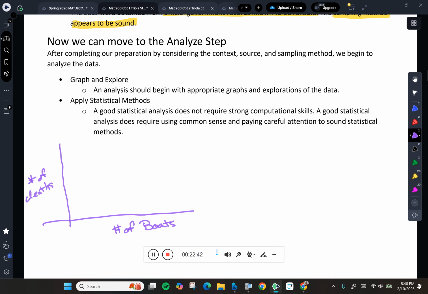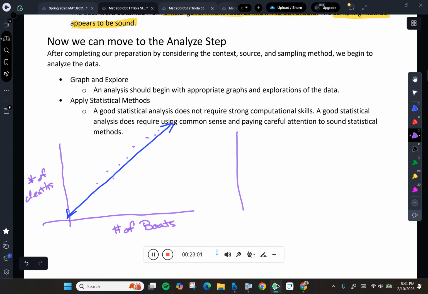One, because I don't want to write manatee, and two, because I don't remember how to spell manatee. And what I would be expecting to see is something that did this, to imply that if the number of boats increases, manatee deaths increase.